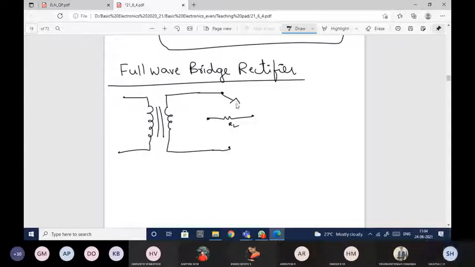The directions of the diodes when you're drawing them are very, very important. Make sure that you draw your diodes properly.